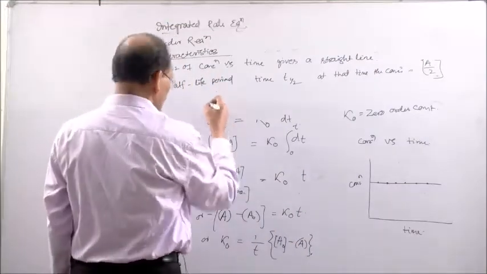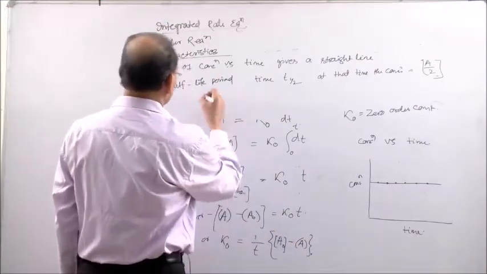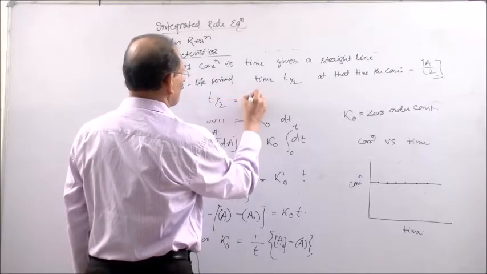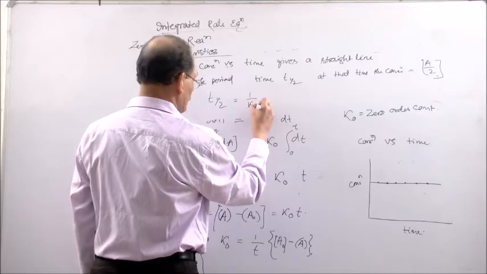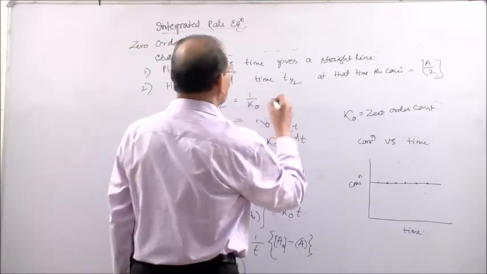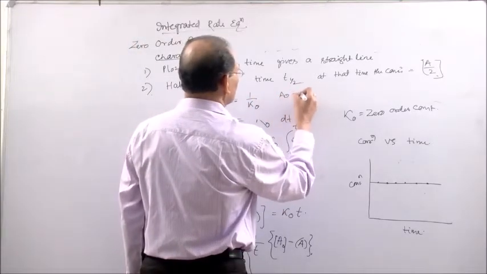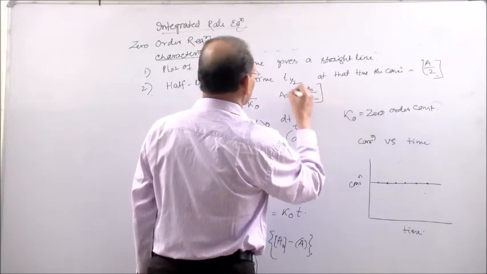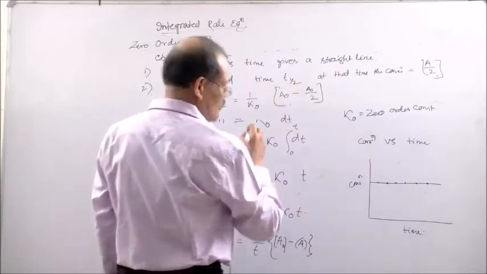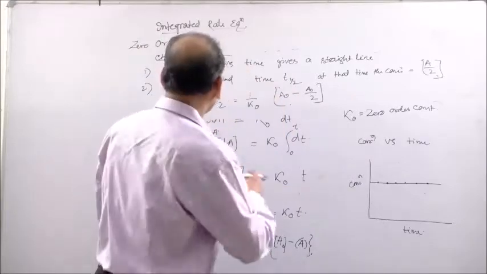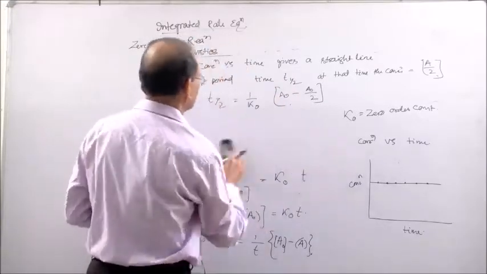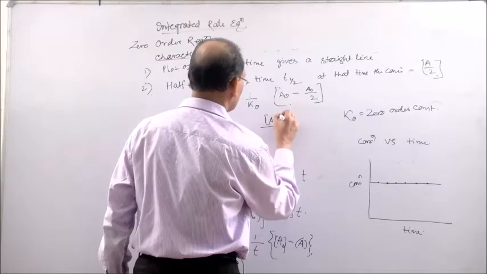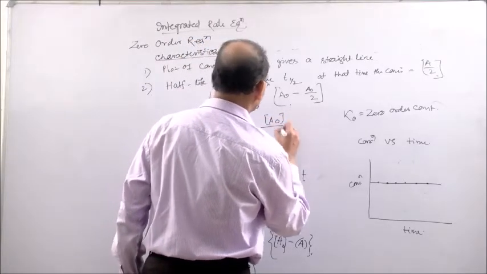Substituting this value in the last equation, t half is equal to 1 by K0 into A0 minus A0 by 2. It will give its value A0 by 2K0.